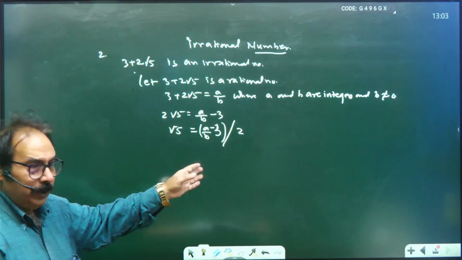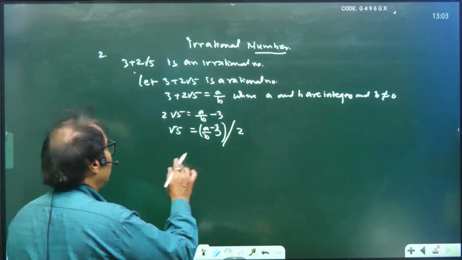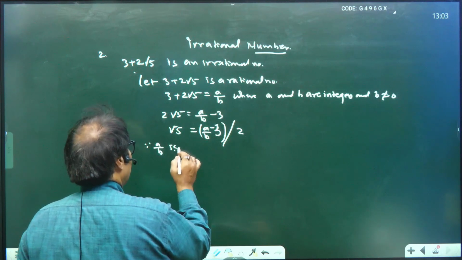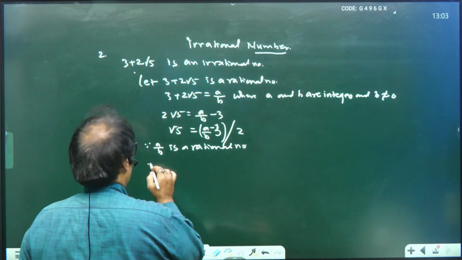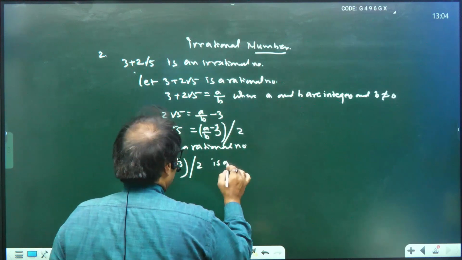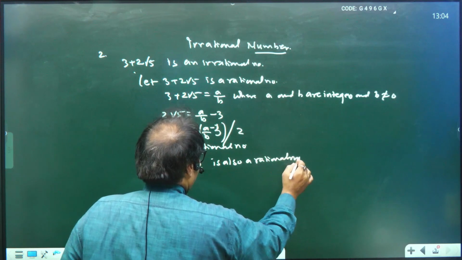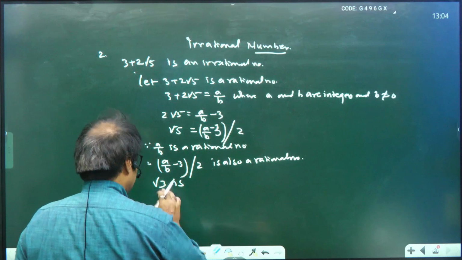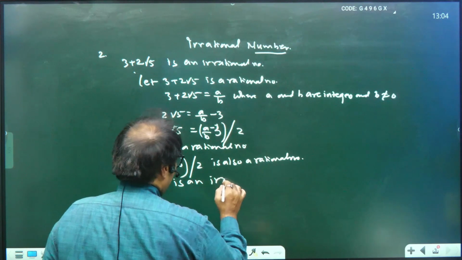So there is a contradiction because an irrational number can never be equal to a rational number. Since a by b is a rational number, therefore a by b minus 3 divided by 2 is also a rational number. But under root 5, whatever it is in the question, under root 5 is an irrational number.